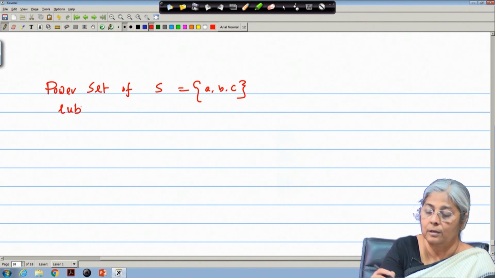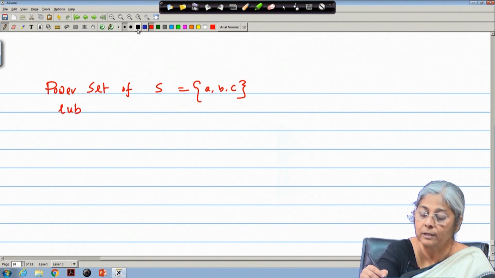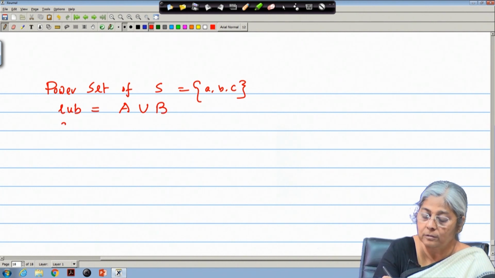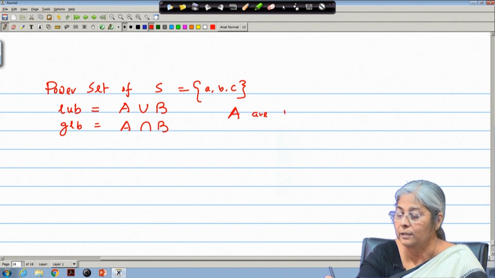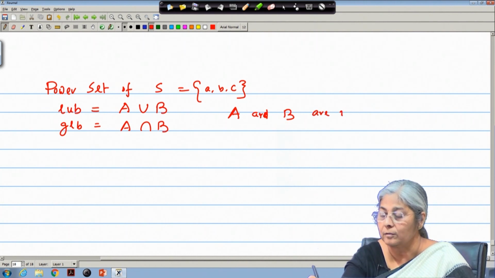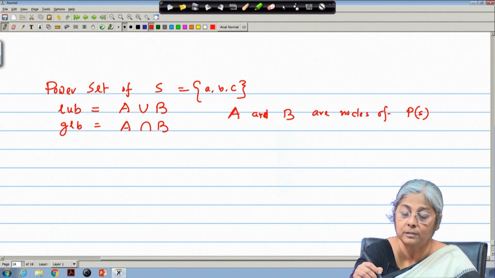If I consider two nodes in the power set, the LUB is A union B, and the GLB is A intersection B, where A and B are nodes of the power set poset, because we have seen that it is a poset.